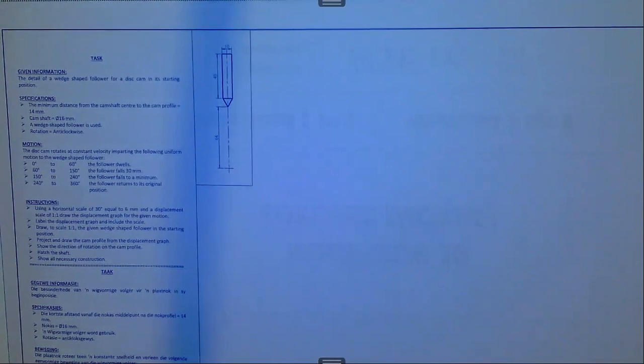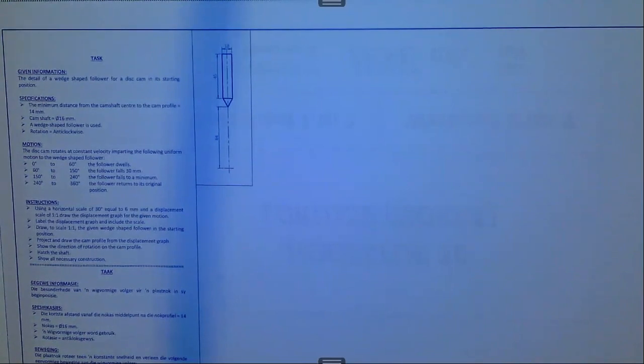When you are talking about constant velocity, you are talking about uniform speed in a specified direction, imparting the following uniform motion to the wedge-shaped follower. From 0 to 60 degrees, the follower is dwelling.